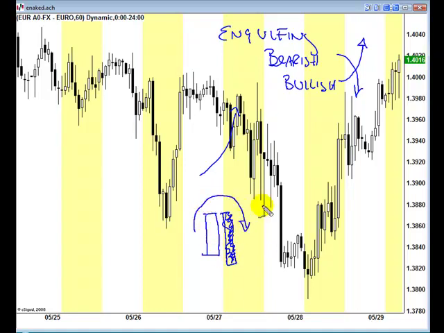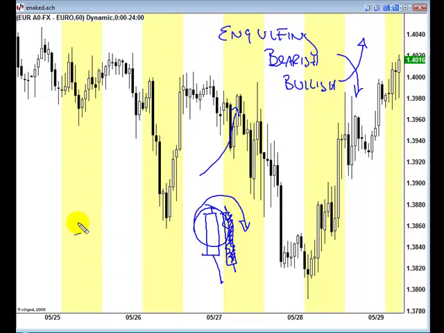And why it's called engulfing is because the body of this candle, okay, we haven't put any wicks on, doesn't really matter about the wicks, we just look at the body. The body of this candle has engulfed the body of the previous bullish candle. So it's the body of this candle basically is larger, and it contains, inside its length, the body of this candle. So that's a bearish engulfing pattern.